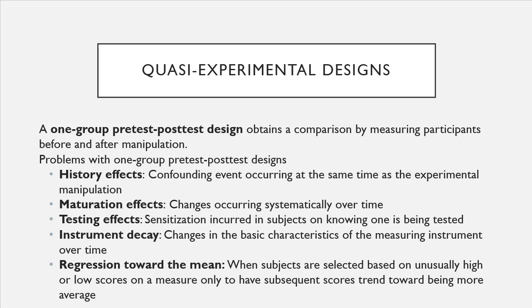Another issue that happens in the one group pretest post-test design is instrument decay, which means that something happens in the instrument that makes it not work over time. So let's say that I developed back in 1970 a really cool, I wasn't alive back then, calm down. In 1970, I developed this instrument to measure how much people use technology in the world.